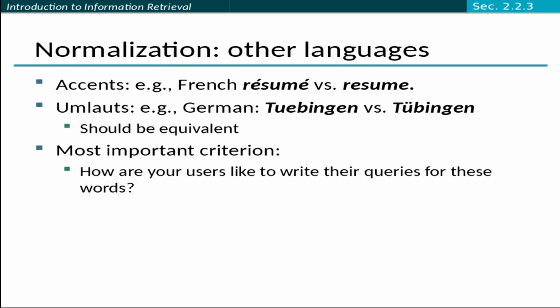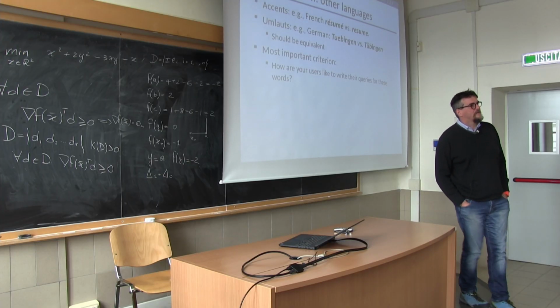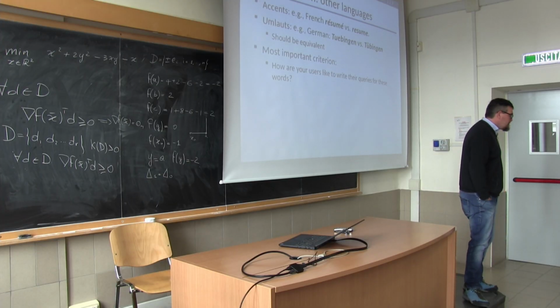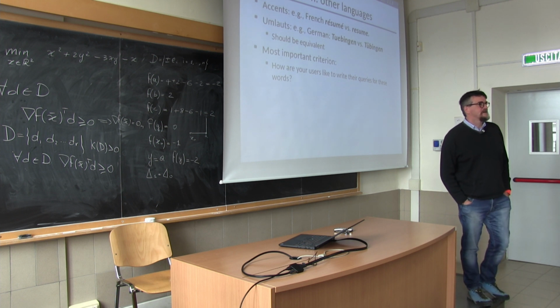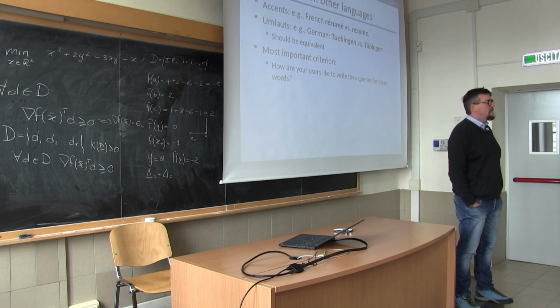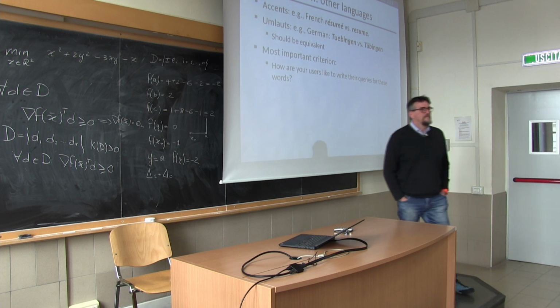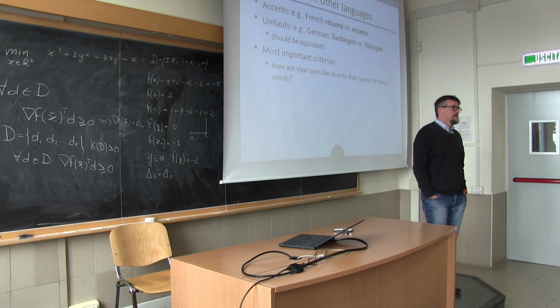Again, in all those cases, what you have to consider always is what would be the behavior of your users. Okay, so you have to think about improving the user experience. You can think about a very effective system, but if you are asking your user to behave in a way that is not consistent with their common behavior, maybe it would not work.